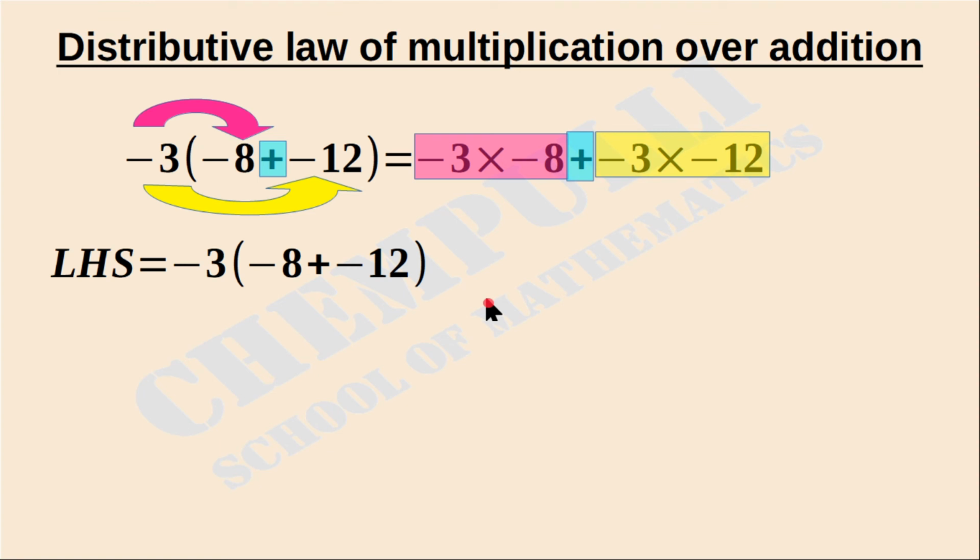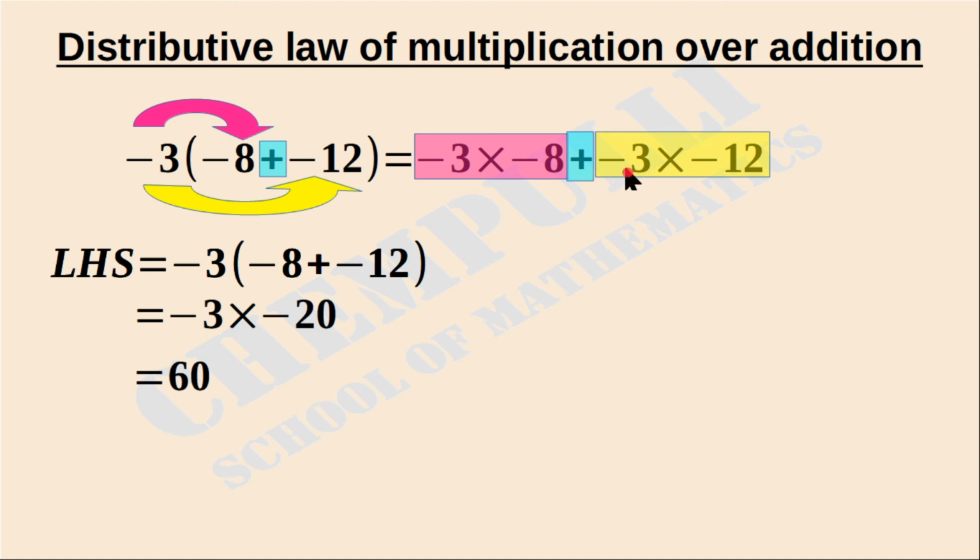B represents bracket. According to that rule, first we have to do the operation inside the bracket. That means we have to do negative 8 plus negative 12. What is negative 8 plus negative 12? You get the answer negative 20. Then negative 3 times negative 20. What is negative 3 times negative 20? You will get the answer positive 60.